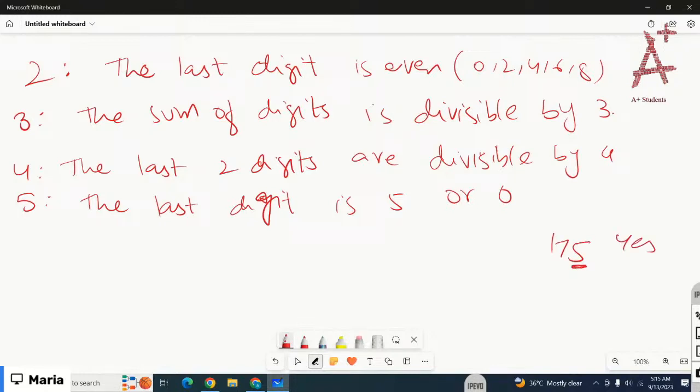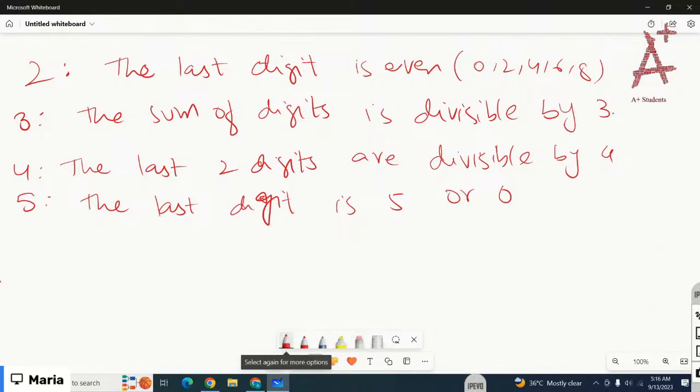Yes, it is divisible by 5. 809, the last digit is 9. No, it is not divisible by 5, right?